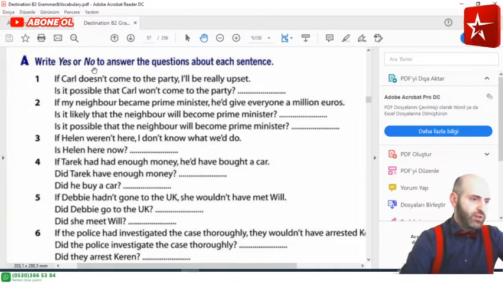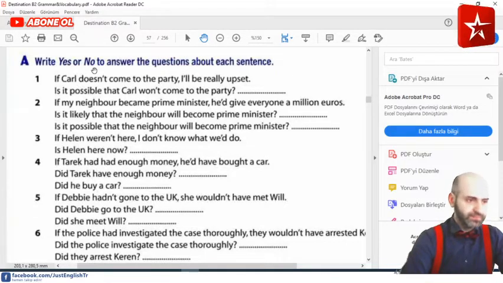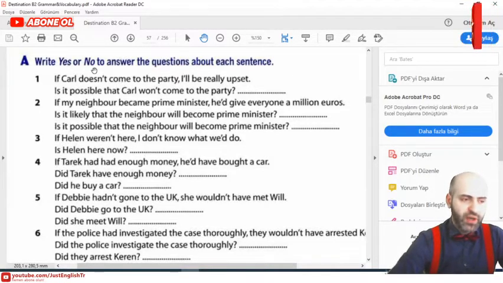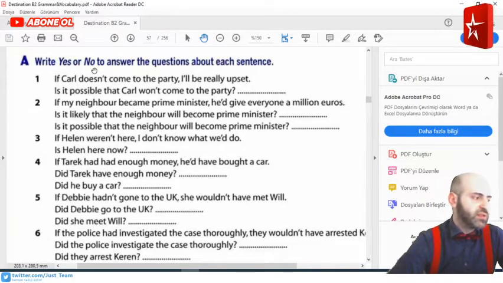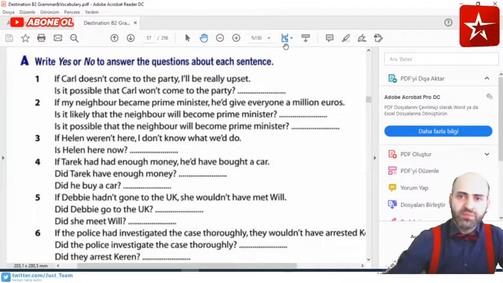Guys, yes or no? We have two different answers. One student thinks yes, one student thinks no. Okay, most students think yes, and guys, you are correct. This is, of course, possible.